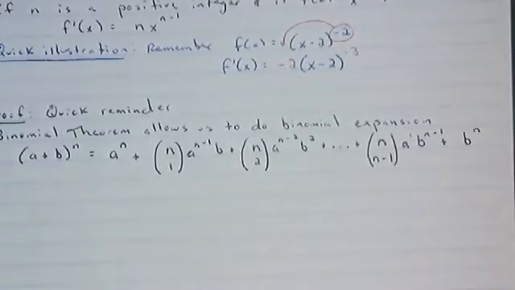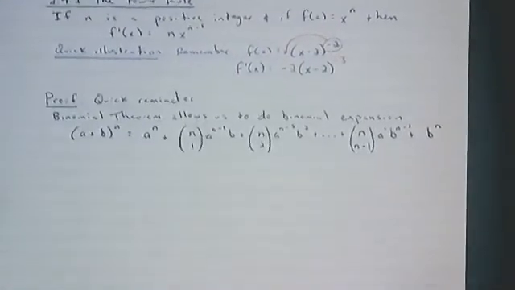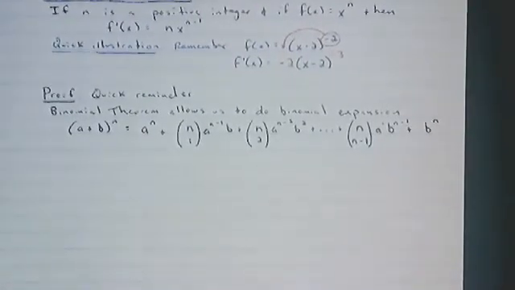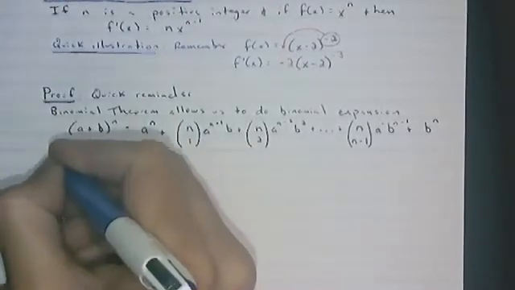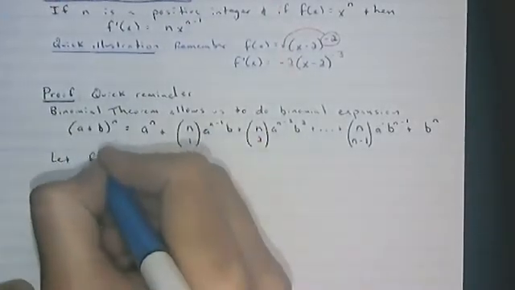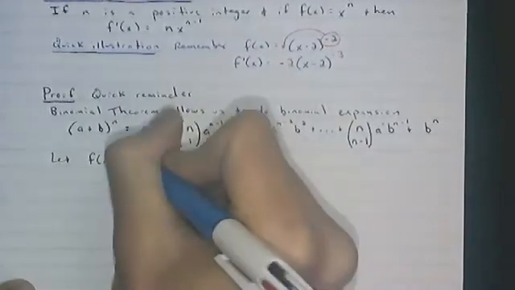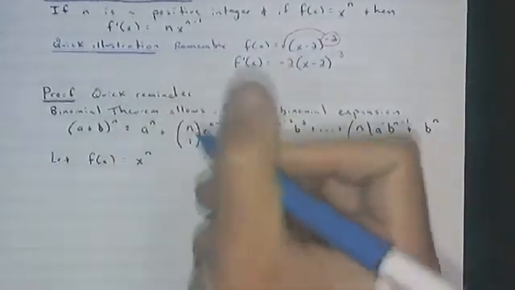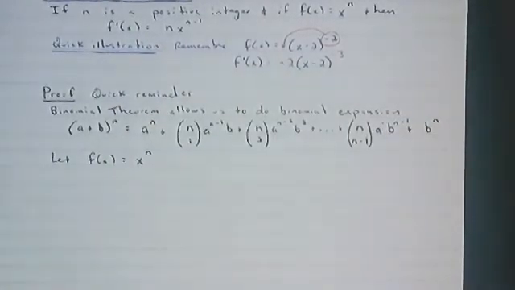Why do we need to know the binomial theorem? Because watch what happens when we try to use the formal definition of the derivative. Let f of x equal x to the n. You don't know what n is, it's fine. Could be anything. Well, it has to be a positive integer at this point in our lives.